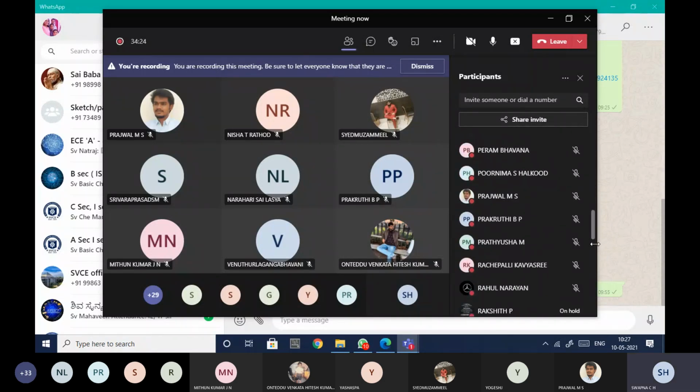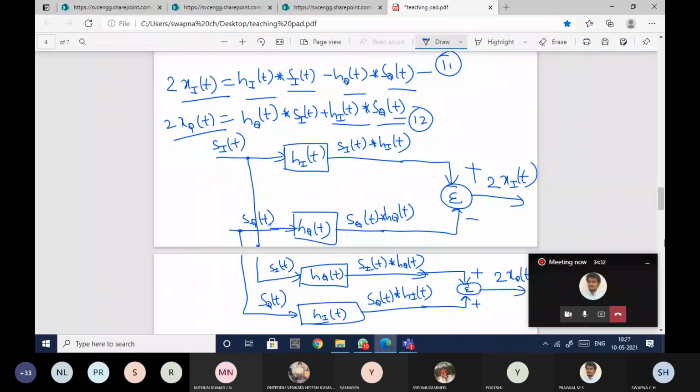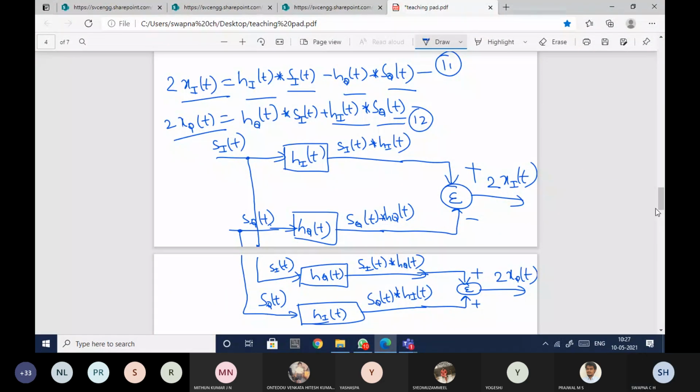Are you able to hear me? Yes, ma'am. Have you noted down? Noting down, ma'am. Note it down quickly. See here, you have a line. Okay, I'm not able to draw because this is the next page. Okay, so that is the reason I could not draw the line. You can draw the line.